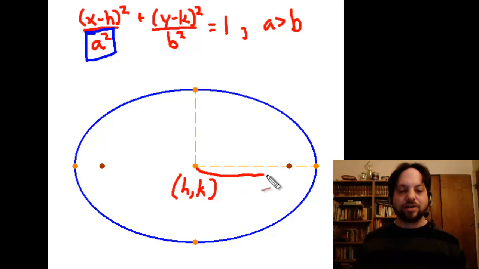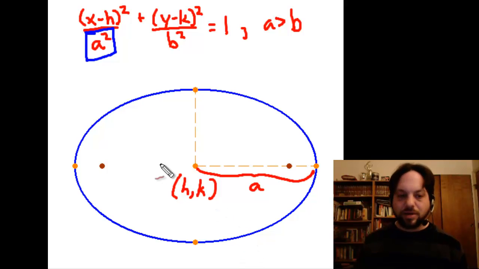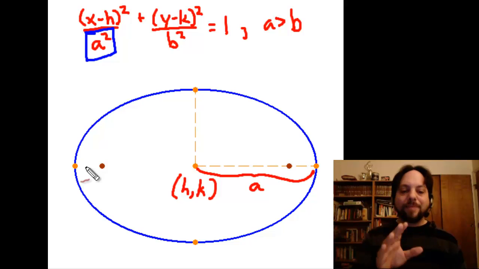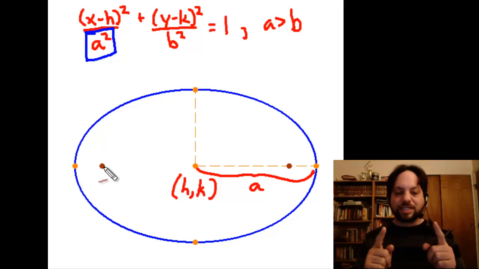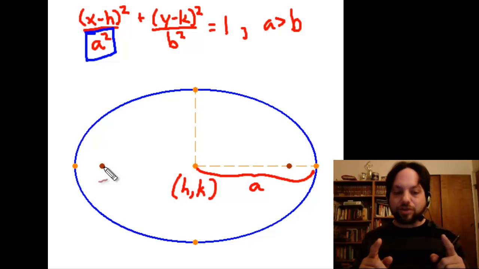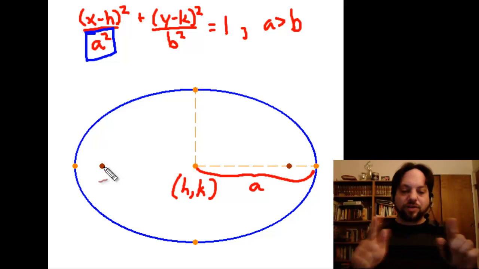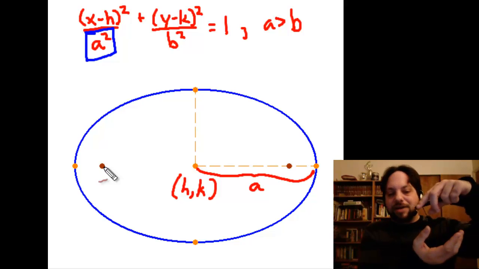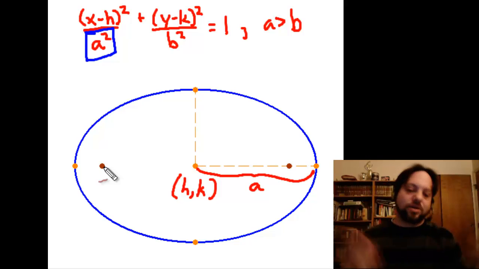This line segment has a length of a, and going backwards it would have a length of a as well. What that means is to get to our two vertices, and the vertices, by the way, are always on the major axis. They're the ones that are further from the center. So on a sideways ellipse, the vertices are sideways. On an up and down ellipse, the vertices will be up and down.